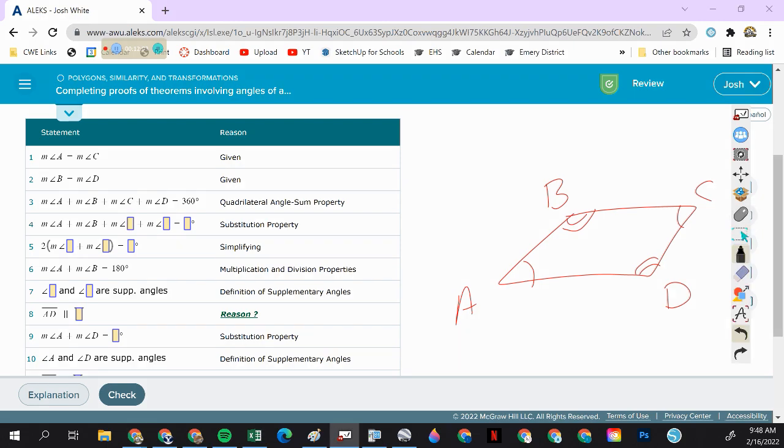So if I say that A plus B plus C plus D is 360, and I know that this is true and this is true, then what can I substitute for angle C? Angle A. So I'd put an A right there. And then D would be angle B. What is that going to equal? Still equals 360.